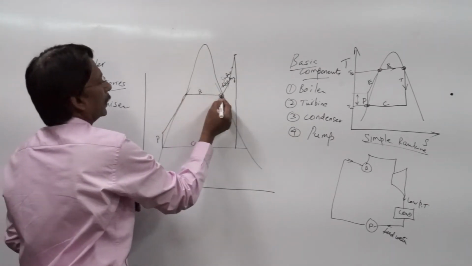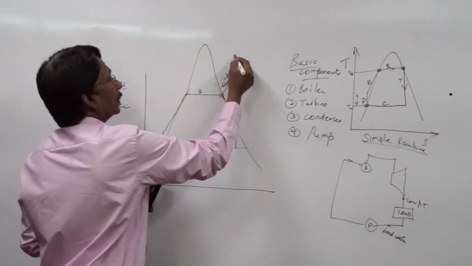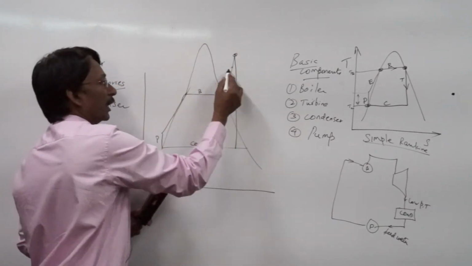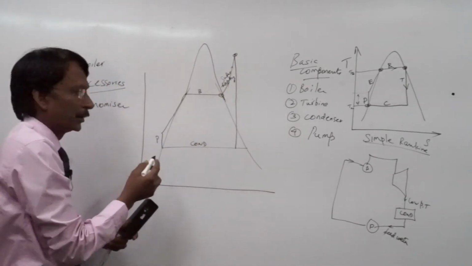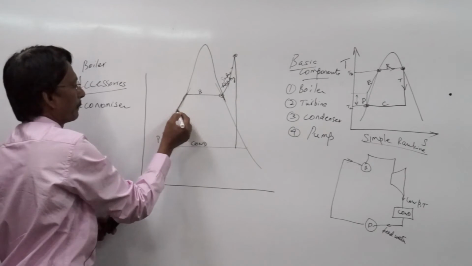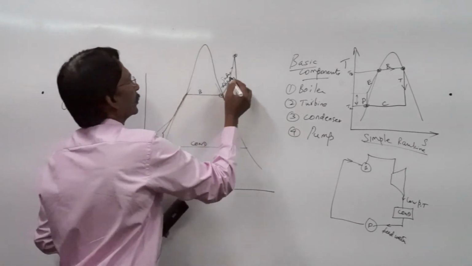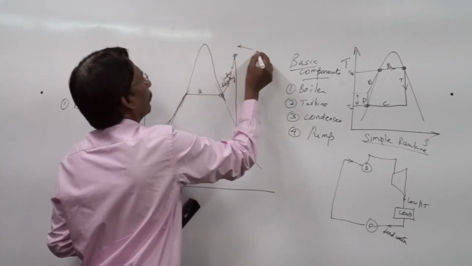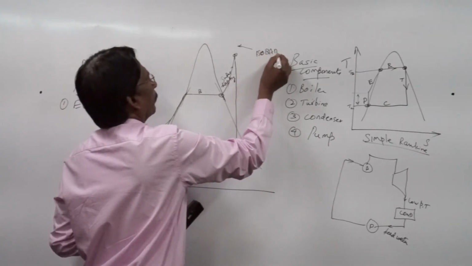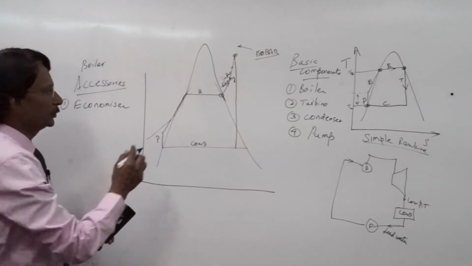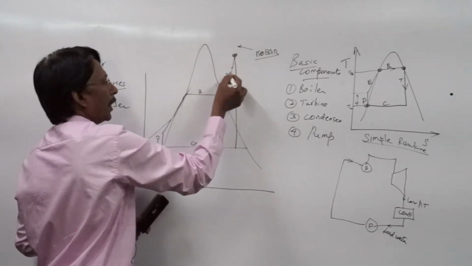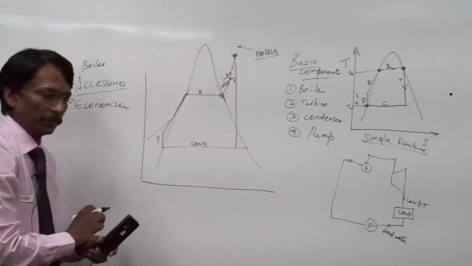So, I have increased the temperature of steam beyond the saturated vapor point, and then it comes here. Remember, this is an isobar. At the same pressure, I am increasing the temperature of steam.